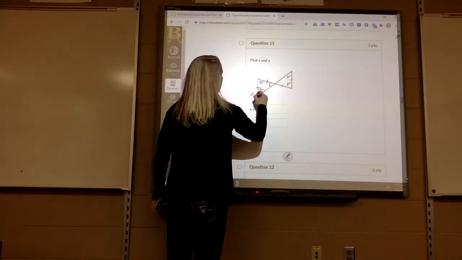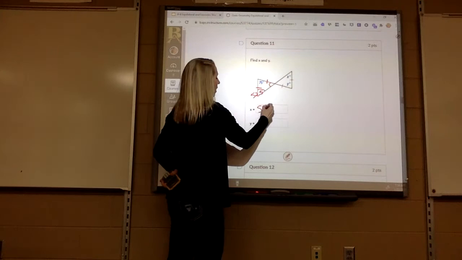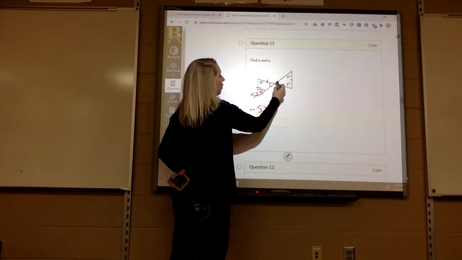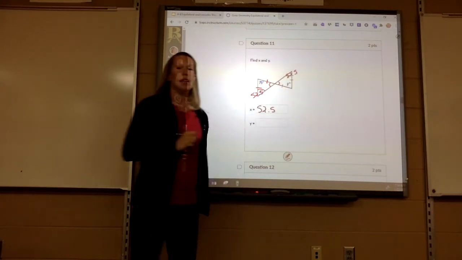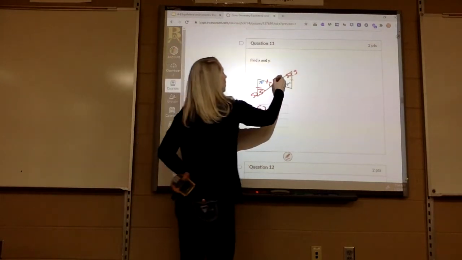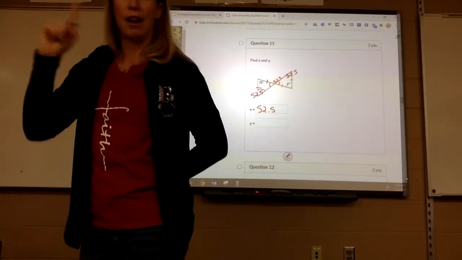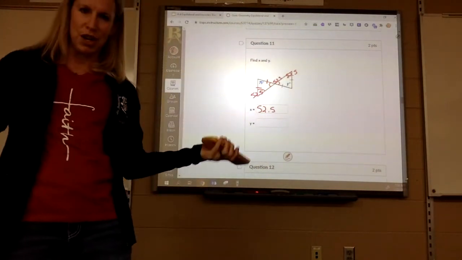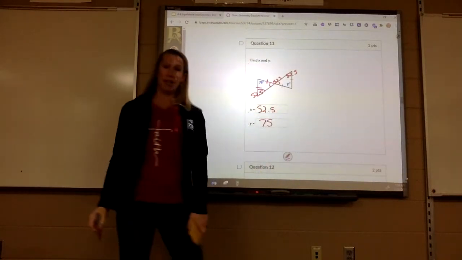So x would be 52.5, which makes that angle 52.5. And then vertical angles are equal, and this is also 52.5. So then you would do 180 minus 52.5 minus 52.5, and hey, guess what you're going to get? Y, which is 75.